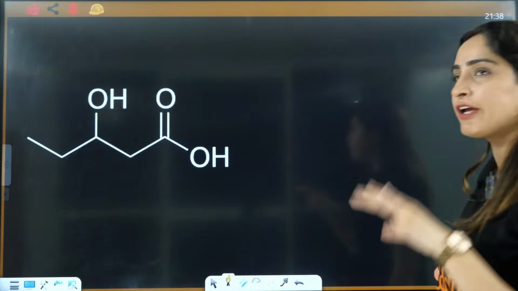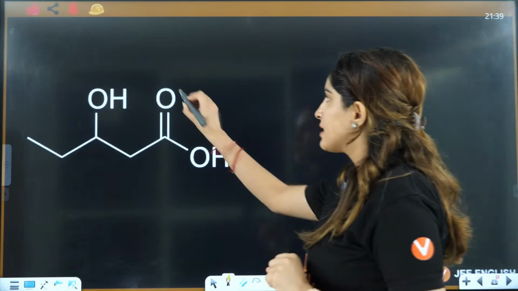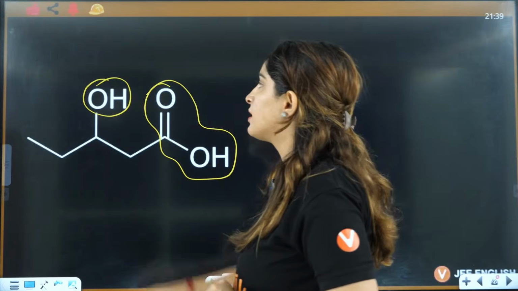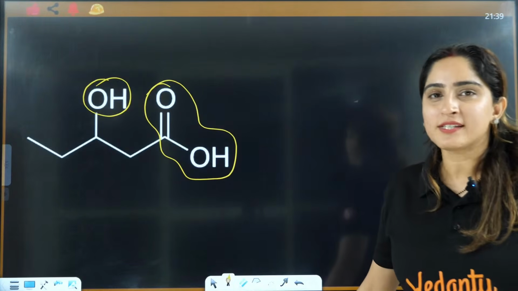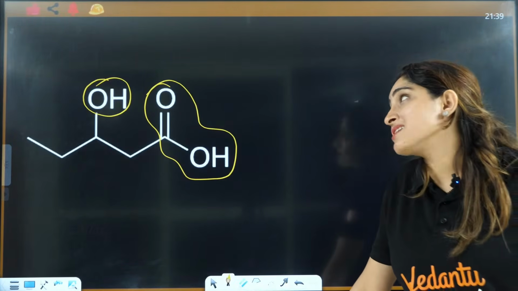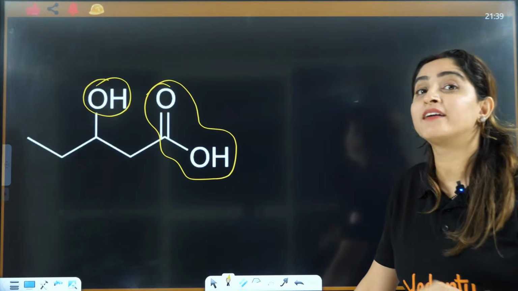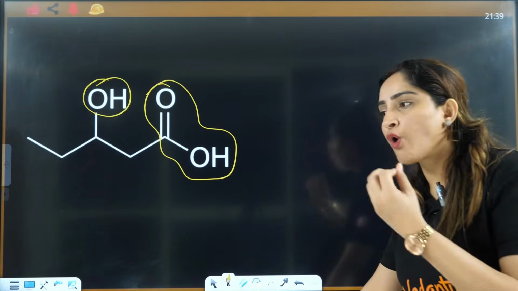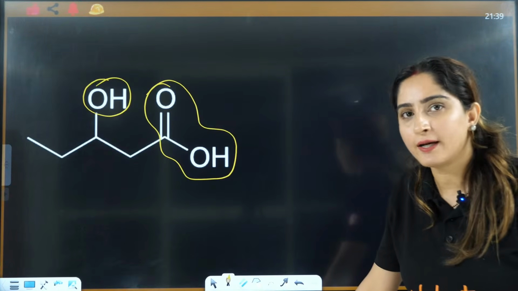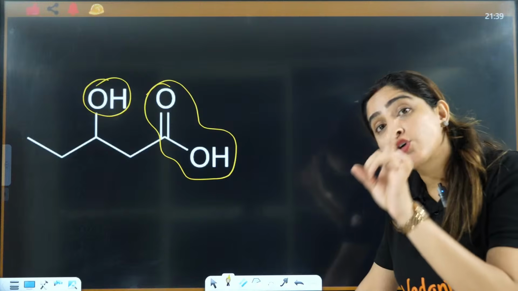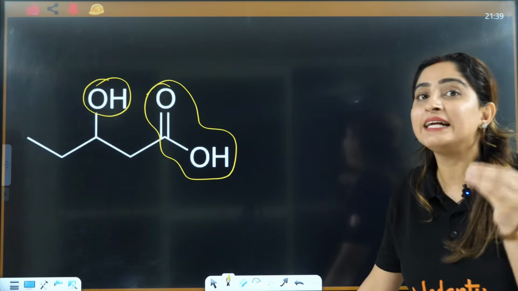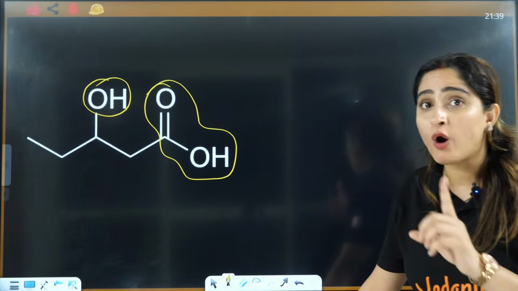This one has two functional groups. This is carboxylic acid and this is alcohol. Now, carboxylic acid definitely has more priority as compared to the alcohol group. So alcohol will act as a substituent, and as a substituent it has the name hydroxy, not ol.